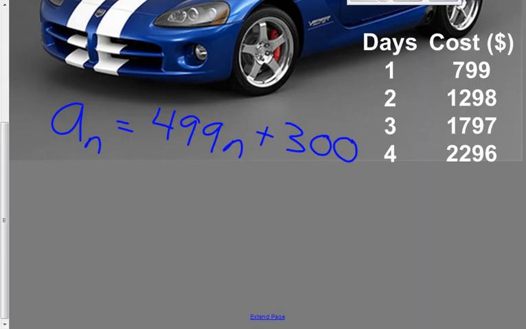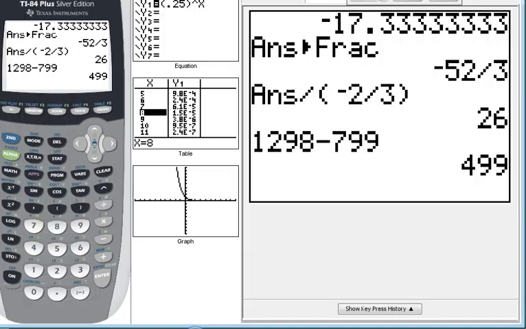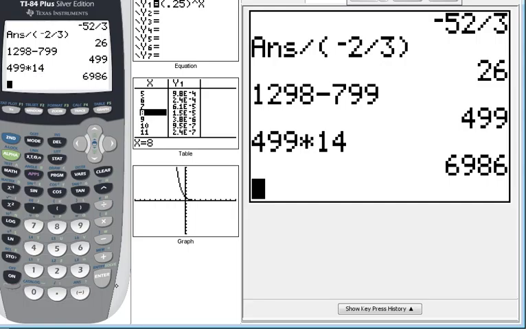So if I'm going to be gone for 14 days, a sub 14 equals 4.99 multiplied by 14 and then adding 3. So let's do that in our calculator. 4.99 times 14. And then I'm going to add 3 to that.